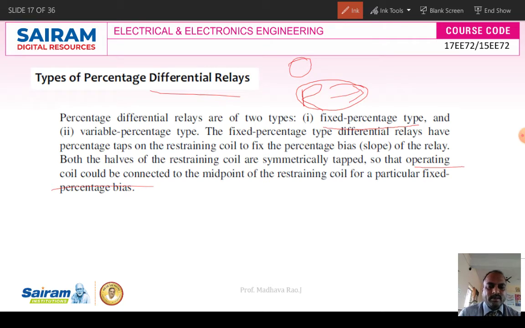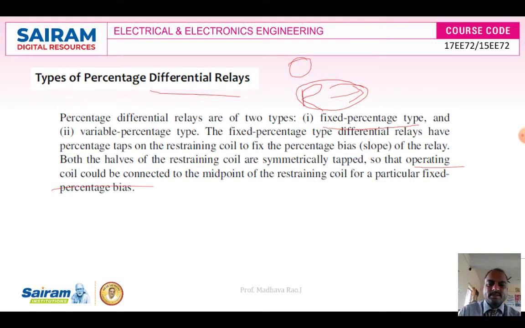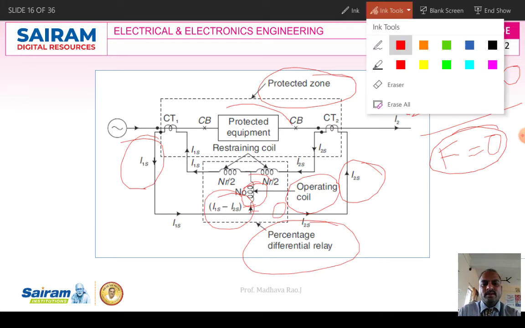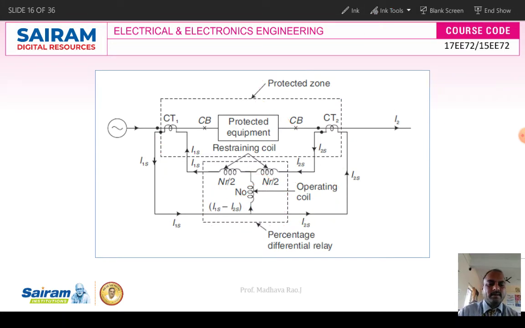We have already seen this in percentage differential protection, how the operating coil and restraining coil are connected. This diagram belongs to the fixed differential protective scheme.